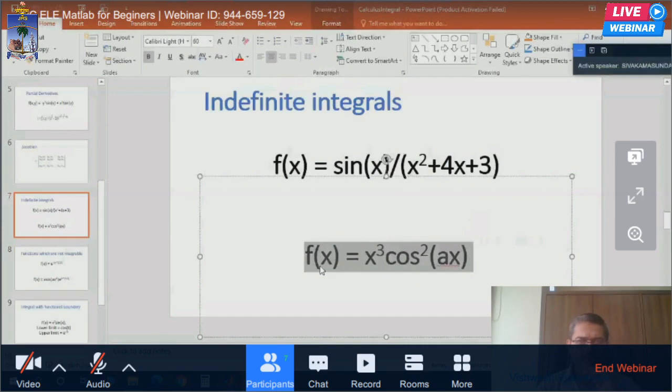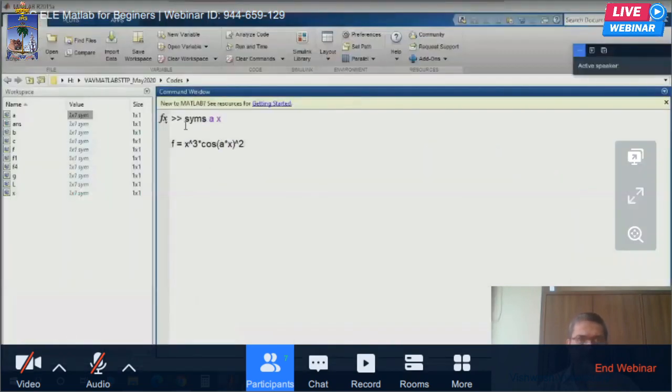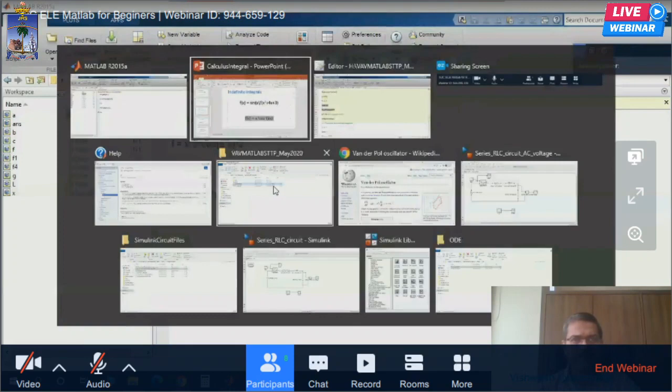So I want to calculate the indefinite integral of f of x is equal to x cube into cos square x. We need to apply integration by parts. That formula needs to be applied here. Now see the same function: syms x, f is equal to x cube into cos square x. This is my function.